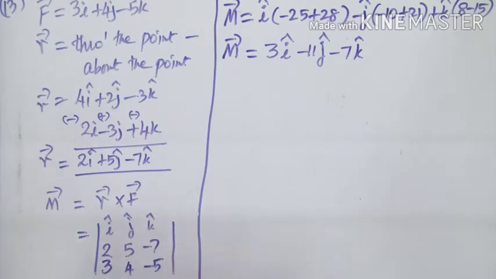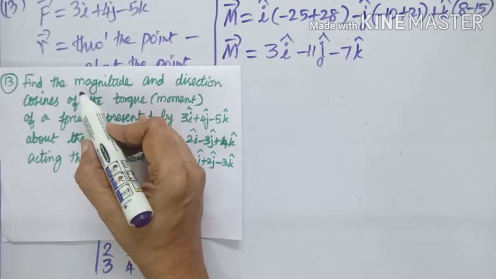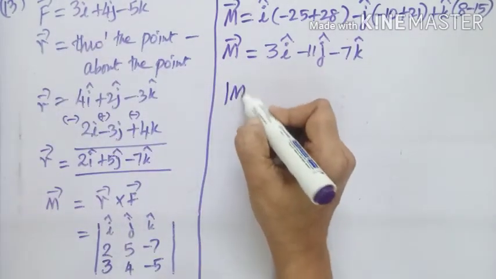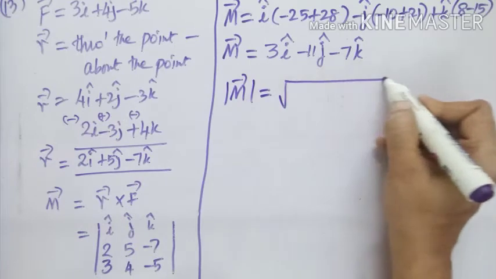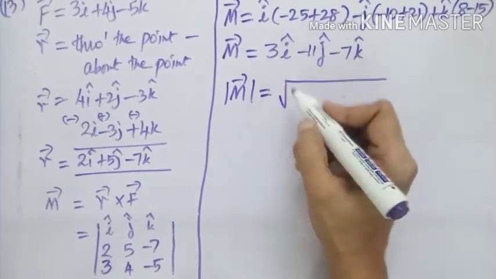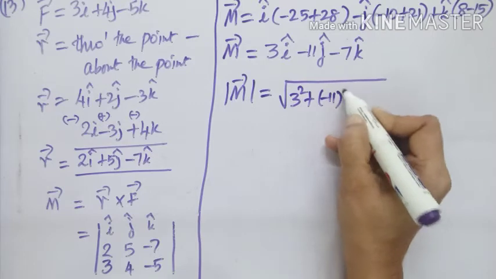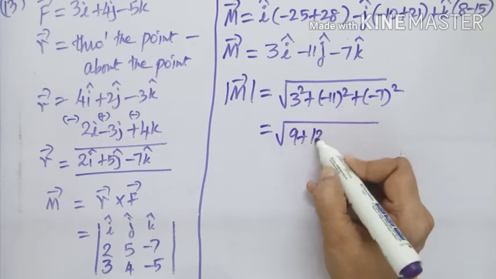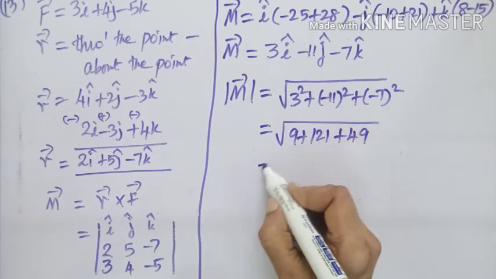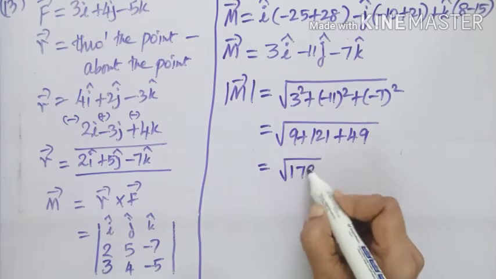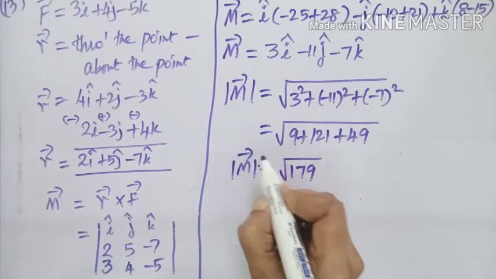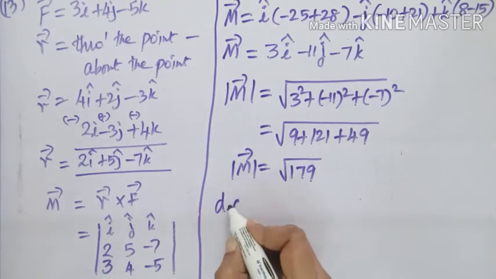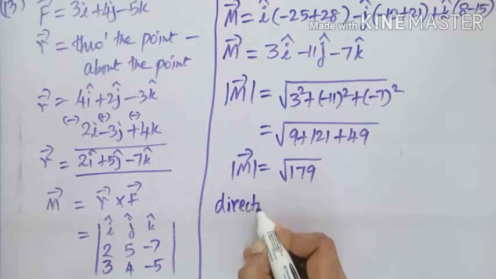The question is asking us to find magnitude and direction cosines. How to find magnitude? Magnitude is nothing but modulus, root of sum of squares. 3 square, minus 11 square, minus 7 square, or I get 9 plus 121 plus 49, which reduces to 179. So magnitude we have found out to be root of 179. We need direction cosines.